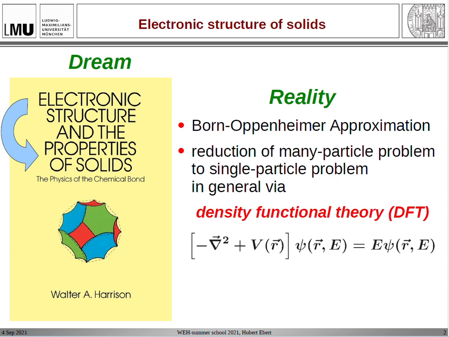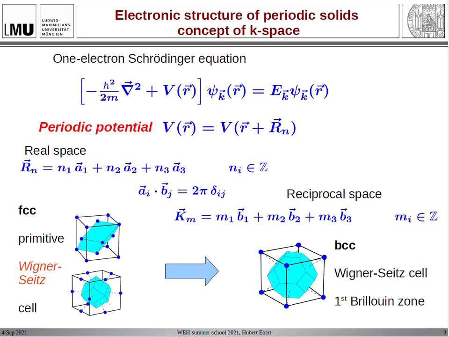So we have to handle the Schrödinger equation for a solid, and we assume for the moment at least it's a periodic system. That means the potential that is entering the Schrödinger equation, whatever its character and origin, is periodic. So it's repeated if we go further in the solid by a multiple of a lattice constant.